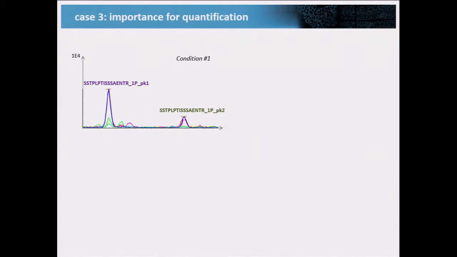We take a phosphopeptide sequence, we account for the number of phosphogroups on this phosphopeptide, and then we build a separate assay for each peak group. We keep them always separate along the whole pipeline from the first step of library generation till the targeted extraction, and then we are sure that we are quantifying each time a separate peak group.